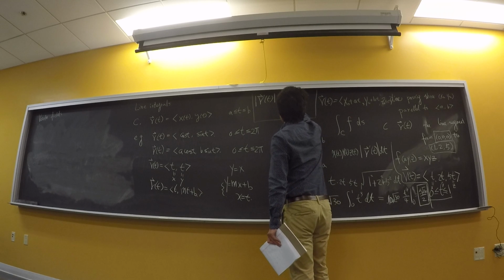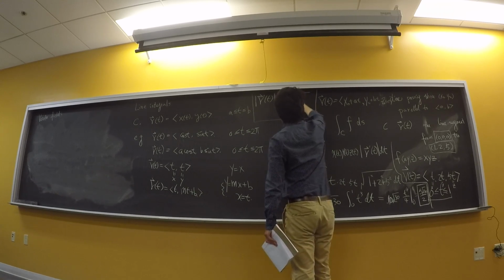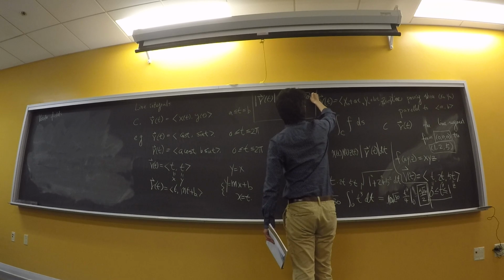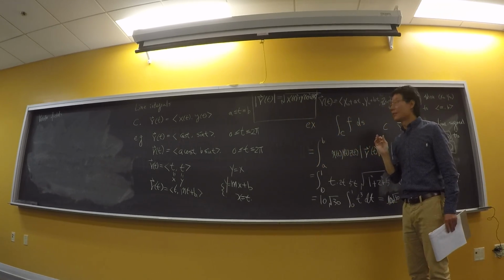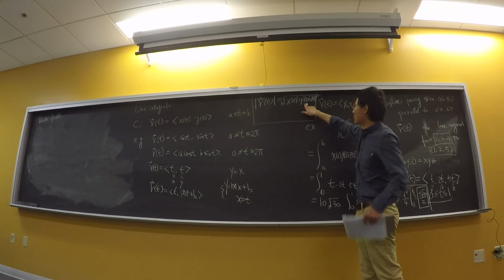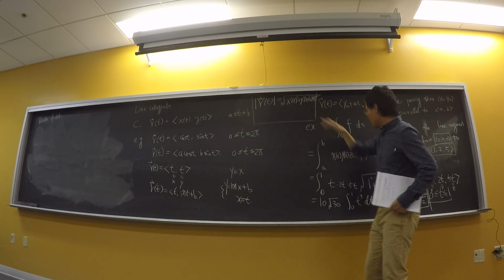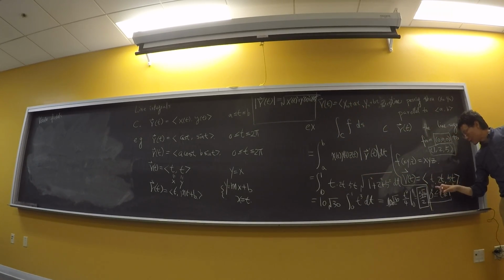By definition, it is equal to the square root of x prime t squared plus y prime t squared plus z prime t squared. By the parametric equation, x is equal to t, y is equal to 2t, z is equal to 5t.